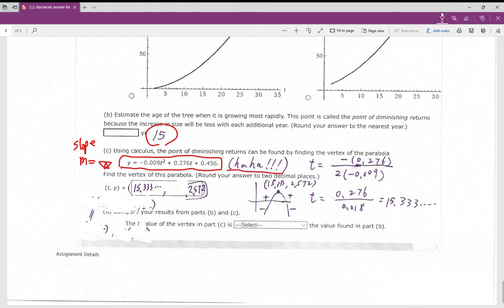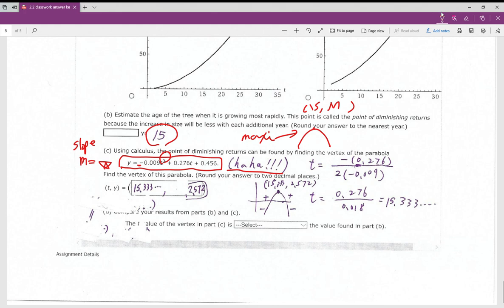Okay, and because this is second degree, when the slope formula is second degree, then you can figure out what's the maximum. Because this is negative, the graph is this. You are going to have a maximum.